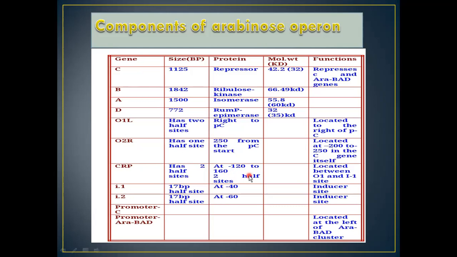Initiator 1 has 17 base pairs, with the protein at approximately 40, and acts as an inducer site. Initiator 2 also has 17 base pairs, with the protein at 60, and functions as an inducer site. The function of promoter C is not known. Promoter ara-BAD is located at the left of the ara-BAD cluster.